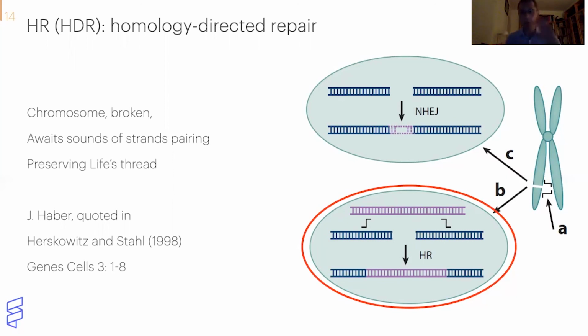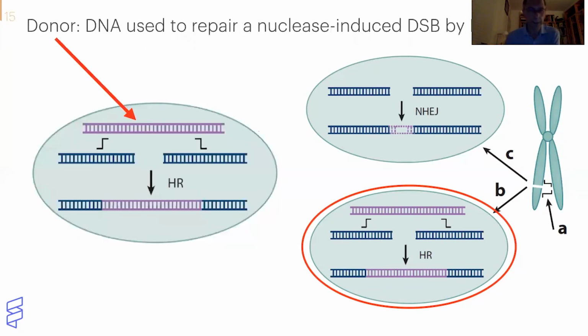That's in dividing cells, and then you switch to a cell in G0, which is not tetraploid but diploid, which has no sister chromatids, of course, and suddenly the efficiency of the repair process plummets. So the overall editing is still high, but the repair by homology-directed mechanisms is actually unpleasantly low.